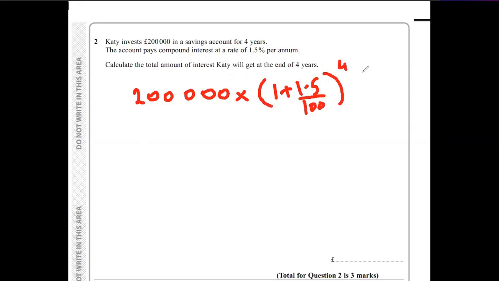Good. And if we actually do this, to be honest, 1 plus 1.5% should become 1 point what? 0.015. Okay, so you could have just done this times by 200,000. It's 1.015.